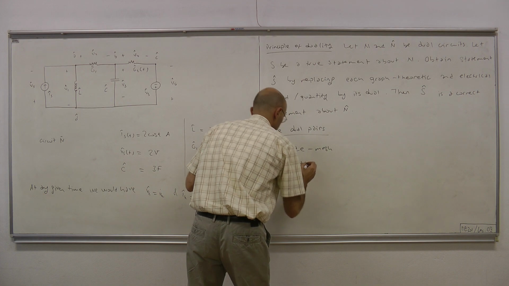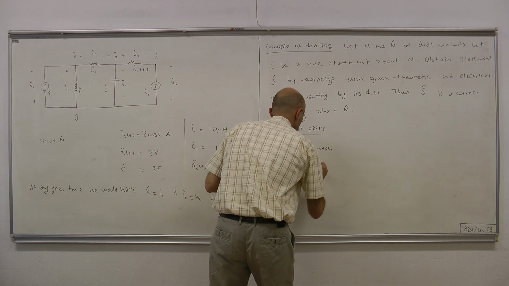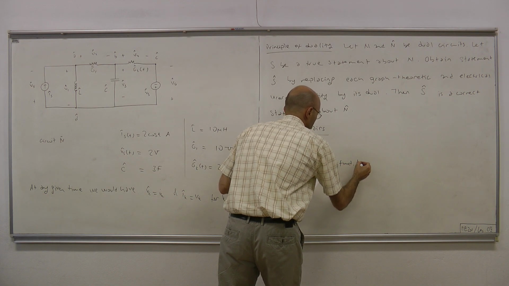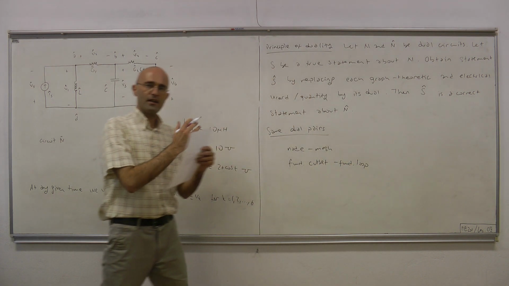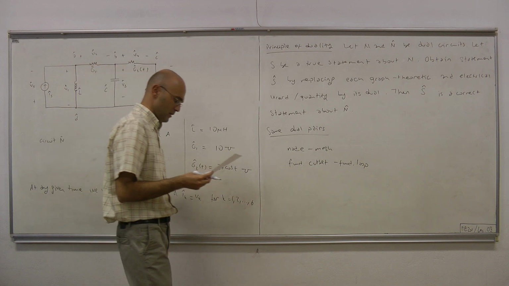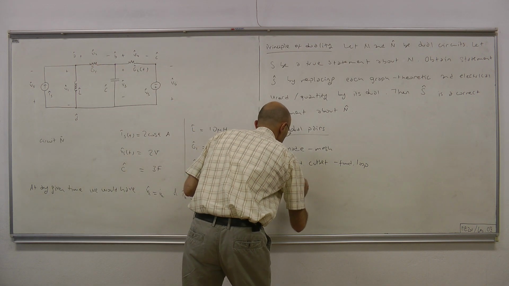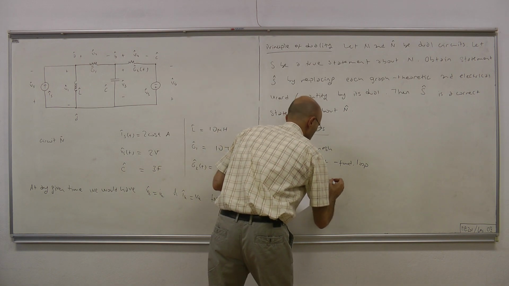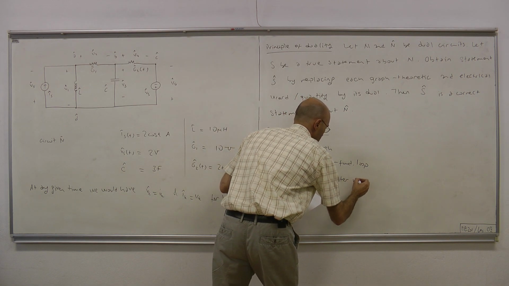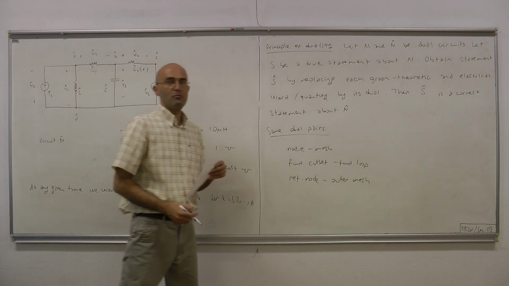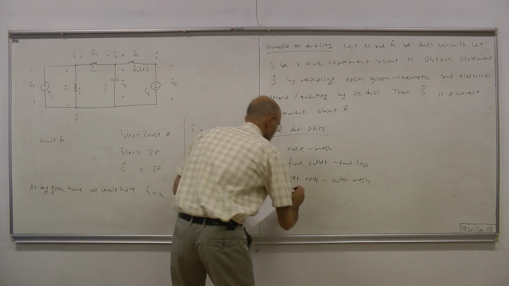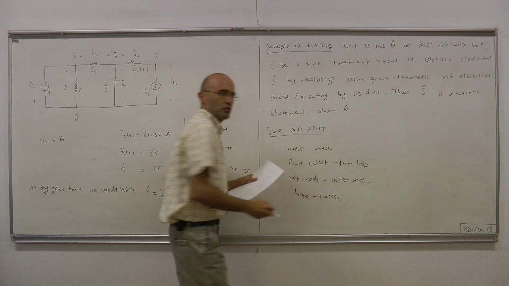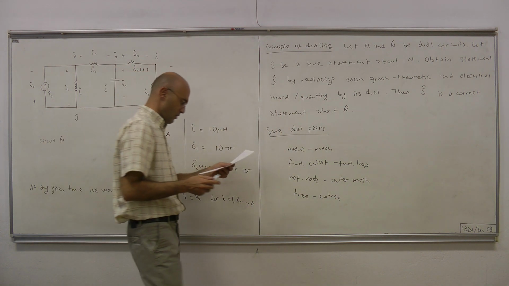Okay. Fundamental cut set and fundamental loop. They are duals of one another, it turns out. Reference node or ground node is dual with outer mesh. Tree is dual with cotree, unsurprisingly.